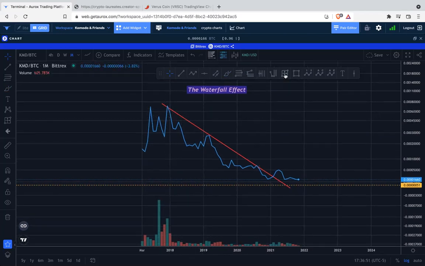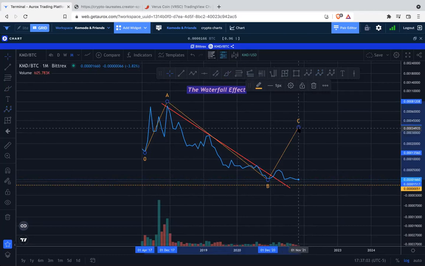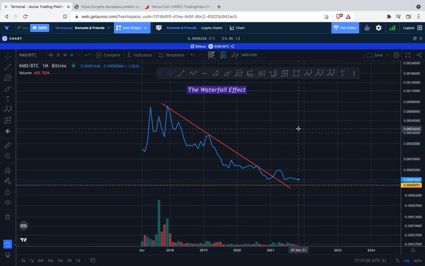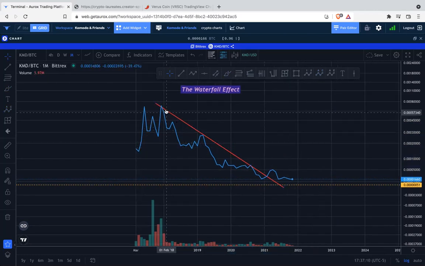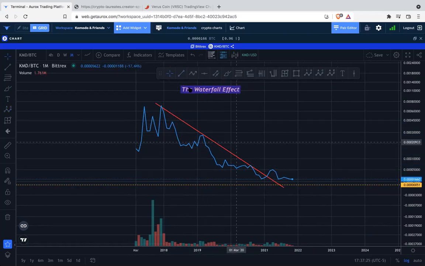If this is an A wave, and that's the theory right now, we have an A wave to here, now a B wave to here, you'll see why, and then a C wave. We're going to determine: is the C wave going to be equal to the A wave in price and time, and what type of time would it be if it's different? So we use trendline touch points. We start this B wave here. Previously, we had used a B to B trendline, but if we use a B to B trendline, it's going to be here, and it gets cut off right away, and it doesn't really work so well with this whole big move.